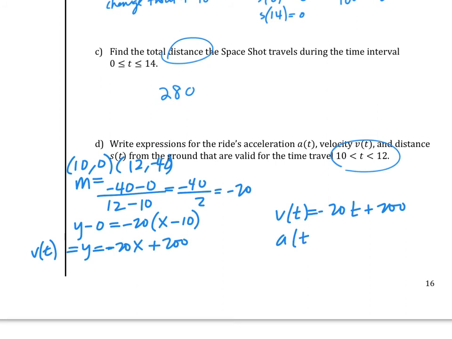The easy one is to find a, which is negative 20. Just take the derivative, which you can also see is just the slope, which makes sense anyways. Okay, s of t is a little bit tricky. For s of t, what you're going to do is integrate. So let me write that here. s of t is equal to the integral of v of t dt.